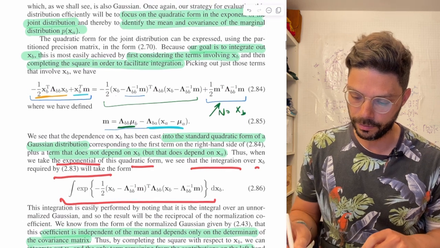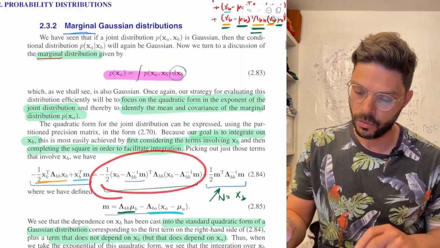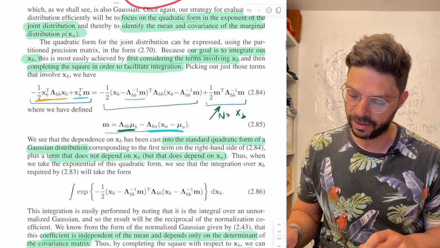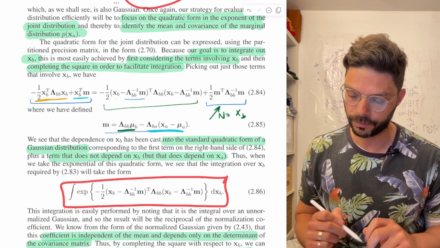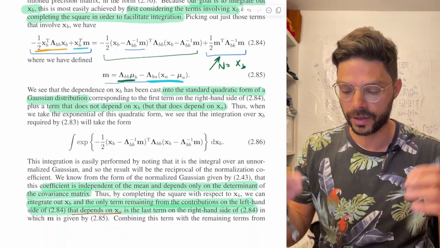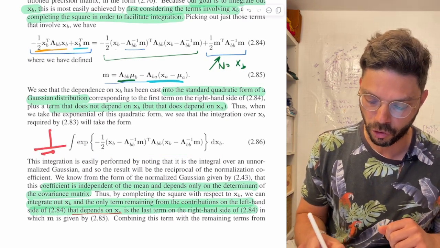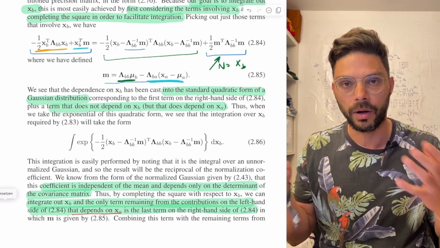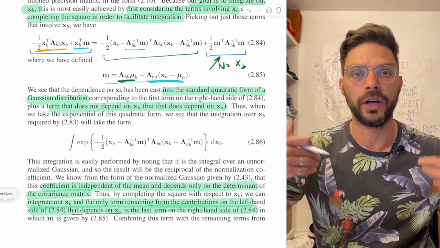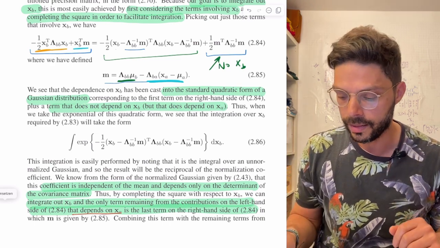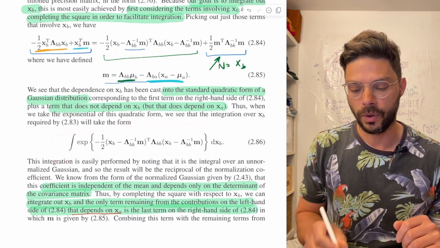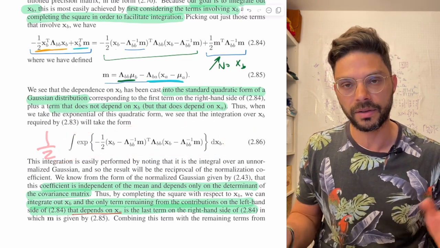So we're just taking this thing, integrating it over x_b, and getting something that looks like this. And that looks exactly like what we do for a Gaussian, except that we don't have this normalizing term outside. So all that means is, because a Gaussian distribution is a probability distribution, when you integrate over it, it has to integrate to 1. That means that this component has to equal Z, where Z is the normalizing constant of the Gaussian.